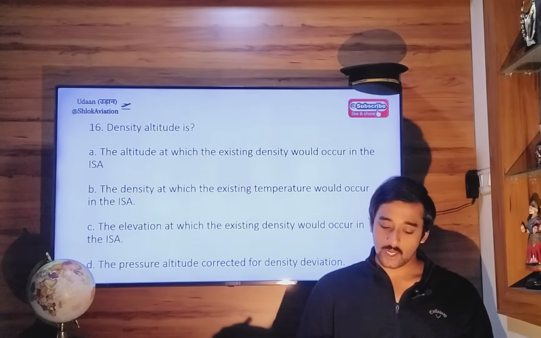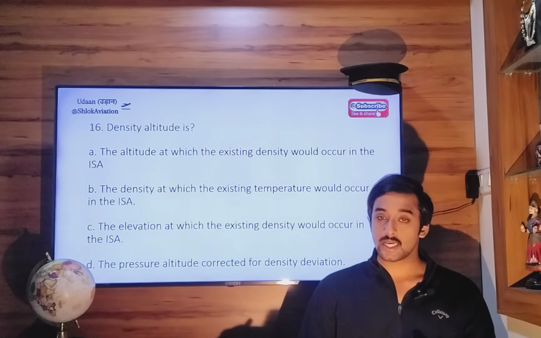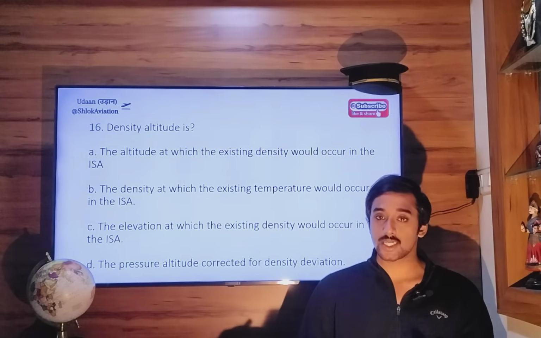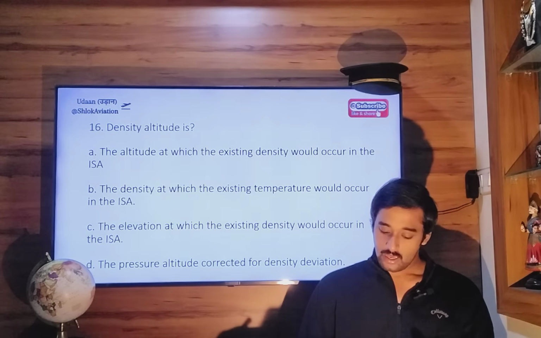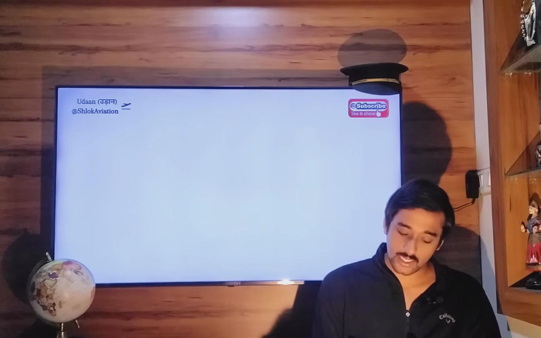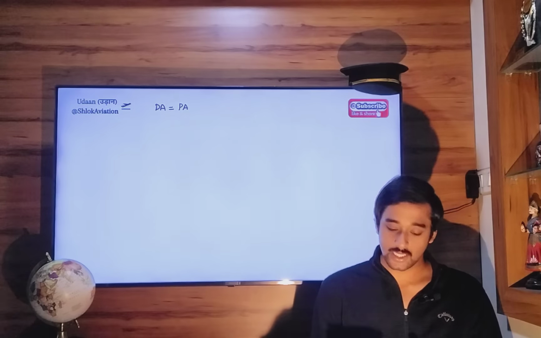Density altitude is the altitude at which existing density would occur in ISA, the elevation at which existing density would occur in ISA, the pressure altitude corrected for density deviation. So density altitude is nothing but pressure altitude corrected for non-standard temperature.